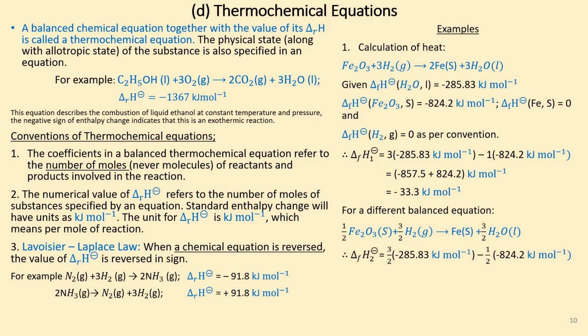So, we can rewrite delta rH2° as 3 by 2 into minus 285.83 kilojoules per mole minus half of minus 824.2 kilojoules per mole.